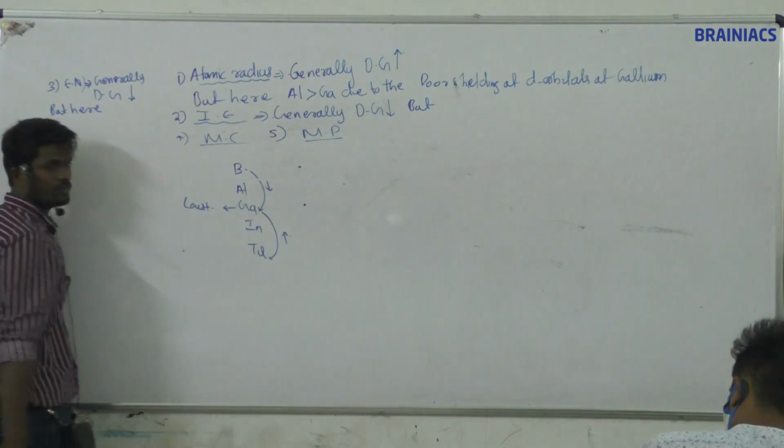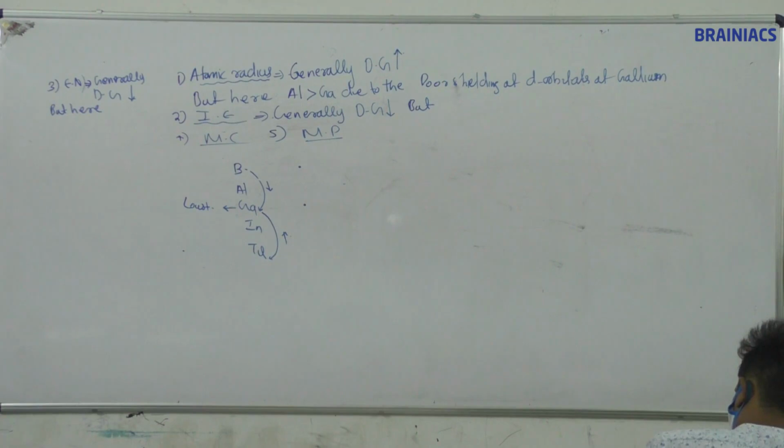Boron has a smaller size and the strongest bonds. Melting point does not depend on these periodic properties. Melting point only depends on the crystal structure, which is variable for each element. So based on periodic properties we cannot find the general behavior of melting point. Okay.